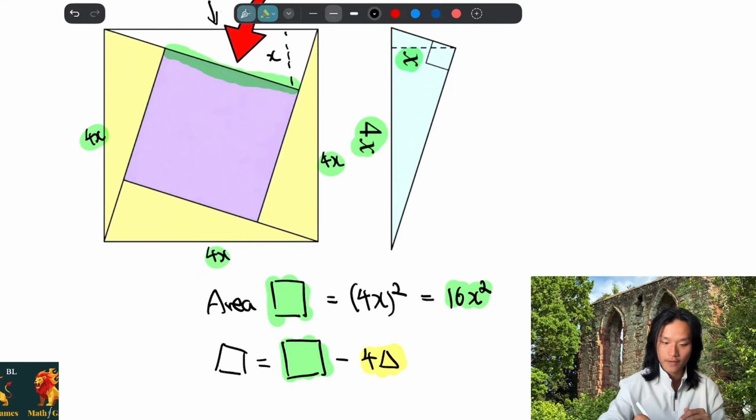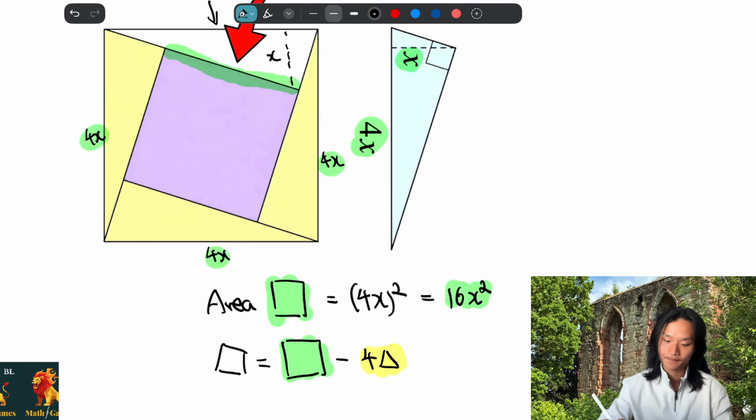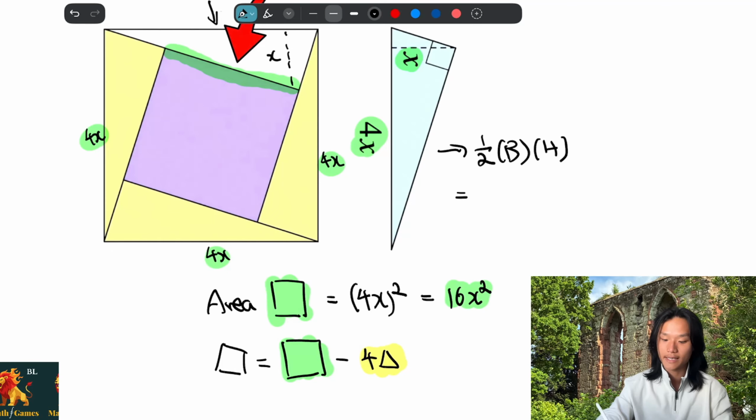So how do we find the area of one triangle? Well, remember that the area of a triangle has formula half times the base times the height. The base here is 4x, and the height is x.